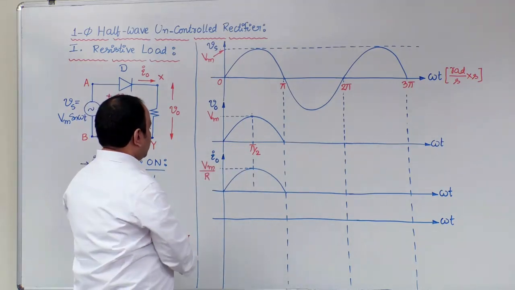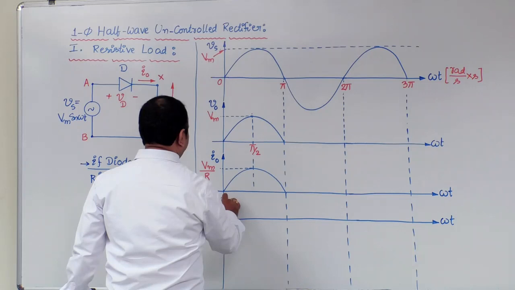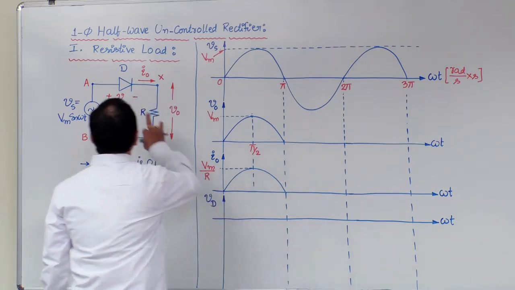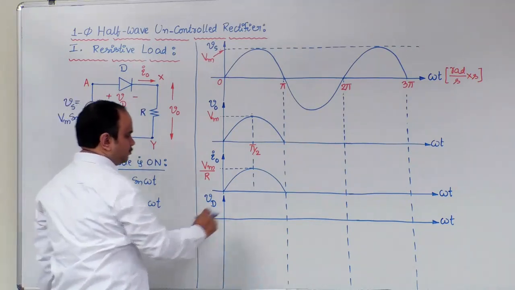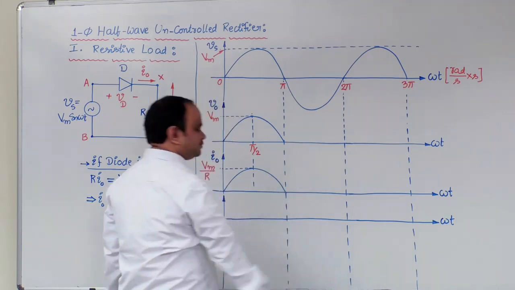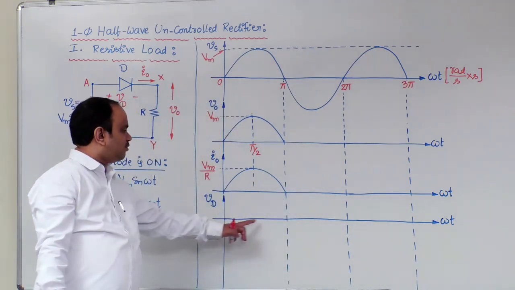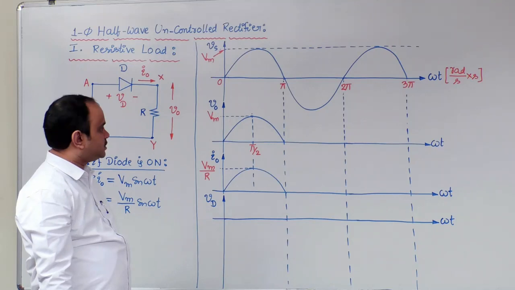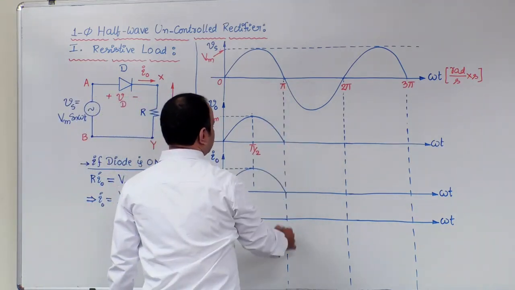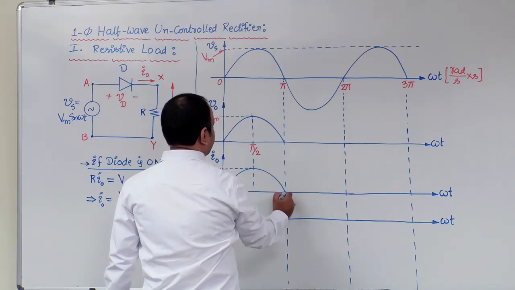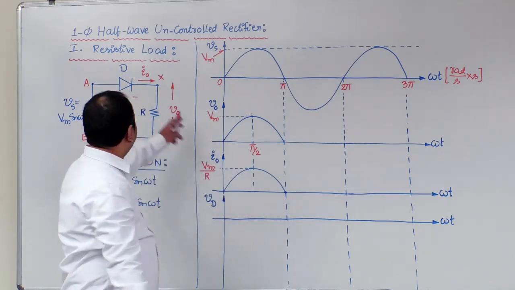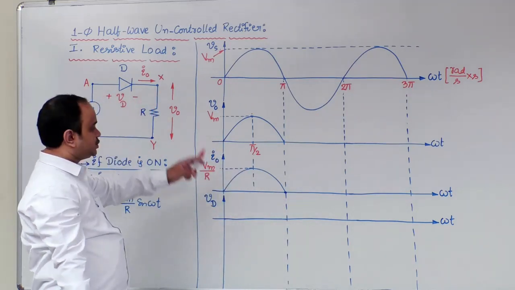Next, from 0 to pi, as the device is in conduction, we can draw the voltage across the diode is equal to 0. Another important point is, at omega t equal to pi, we can notice that the current flowing through the circuit load, which is also flowing through the diode, is 0.